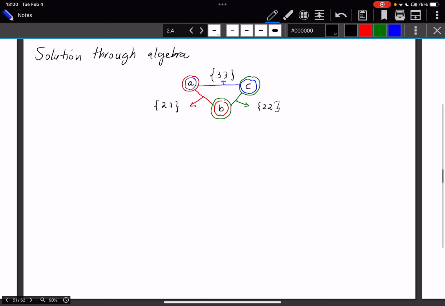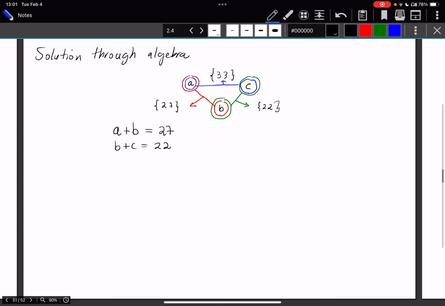We need A and B, the numbers adjacent to 27, to add up to 27. That can be written as A plus B equals 27.